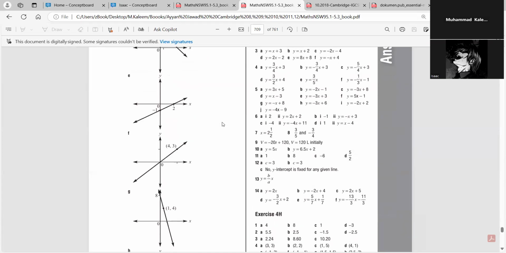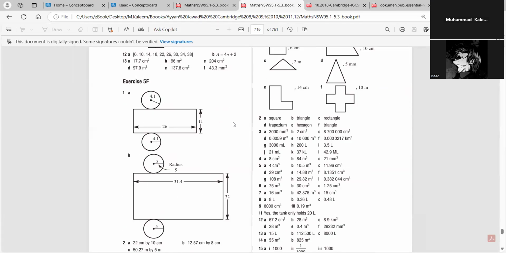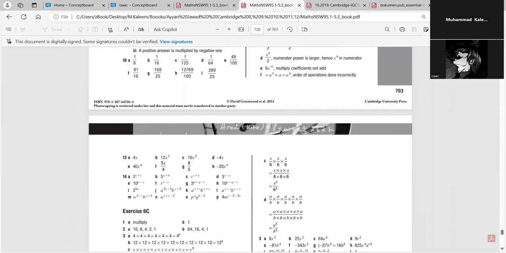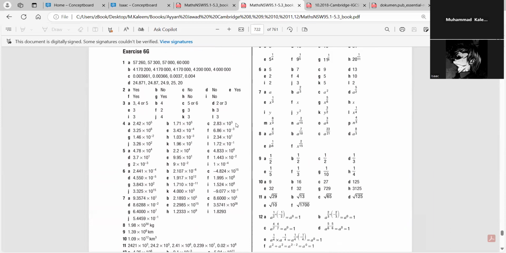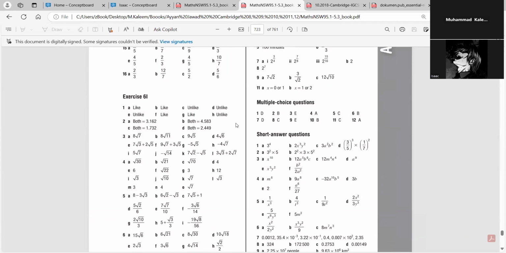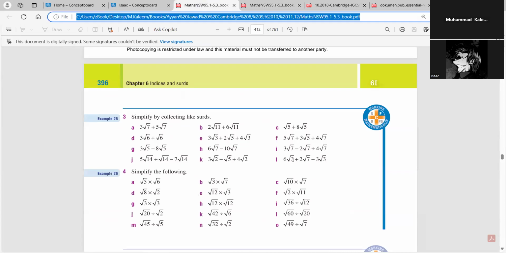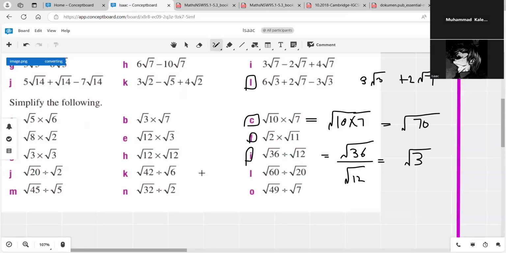Let's move on to the next one. 6i, GH and I. And we are solving question number 3. Question number 4, it's I part. You can see here, square root of 3. Okay, let's move on to the next one.